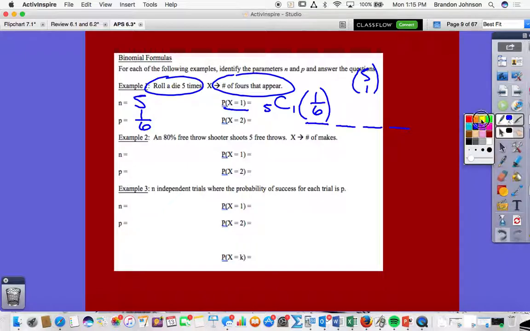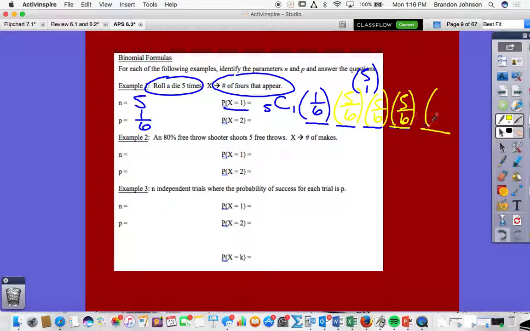Let me get a different color because this will help us. 4 and 5, right? That means for one of these, I'm going to have a 1 in 6 chance because I want 1 four to be rolled. That means on my 2nd, 3rd, 4th, and 5th, do I care whether I get a 2, 6, 5? I don't, I just can't get a 4. So in this example, I'm going to have a 5 in 6 chance of rolling something other than a 4.